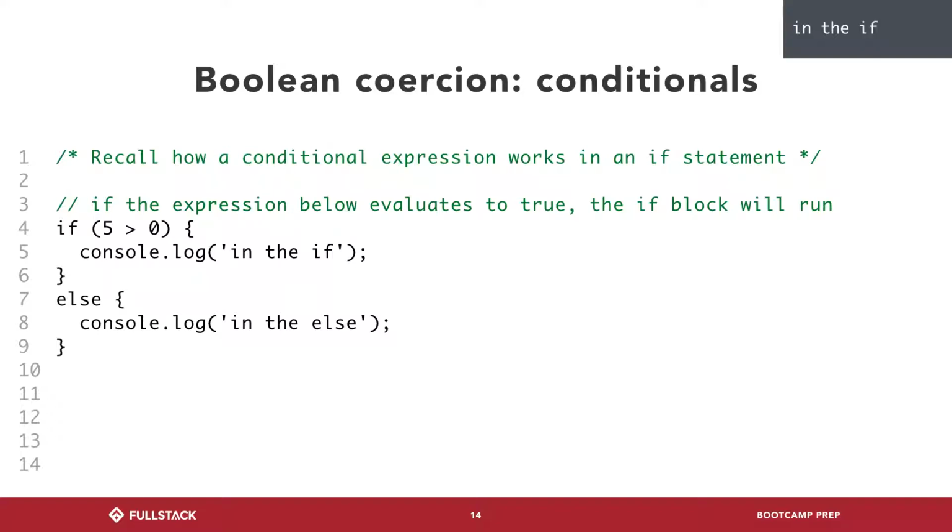If it's true, I'll do whatever's in the if clause. If it's false, I'll do whatever's in the else clause. The reason this section is here is that for these conditionals and loops, JavaScript is once again doing an implicit coercion for us of whatever we're evaluating into a Boolean. So once again, we're changing data types, if you will.